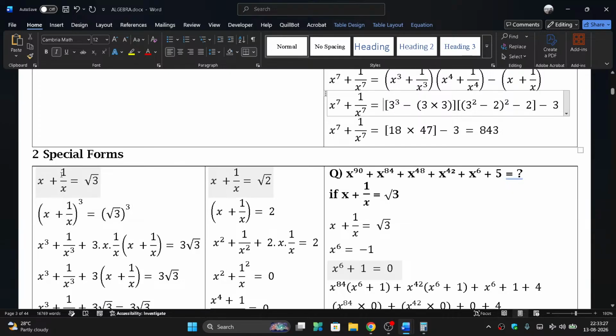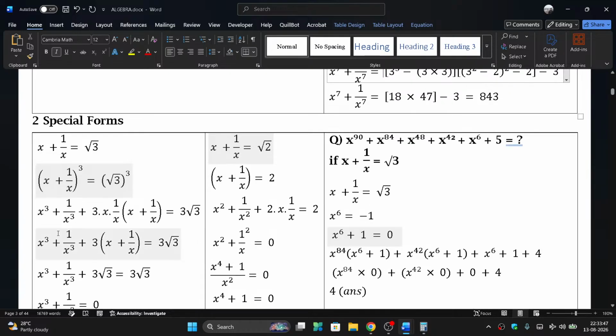Instead of that, it's root 3. So we need to cube both the sides. This is x plus 1 by x whole cube, and this is cube of square root of 3.